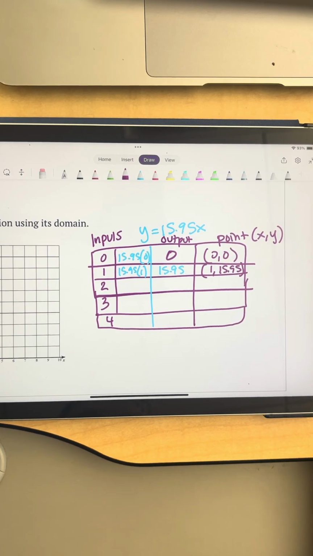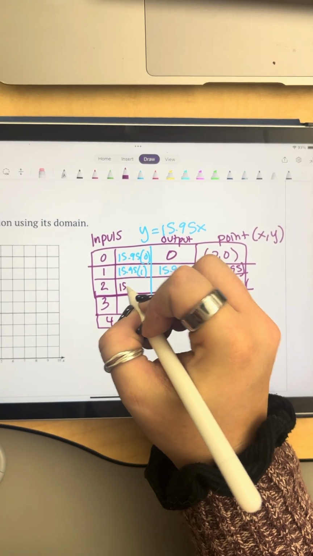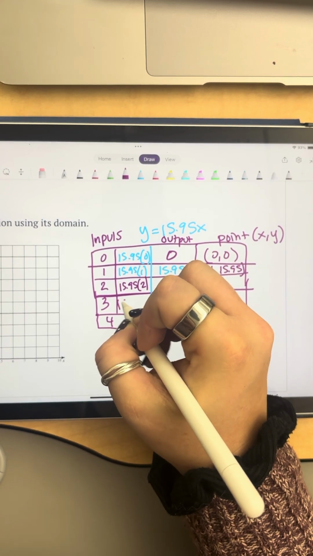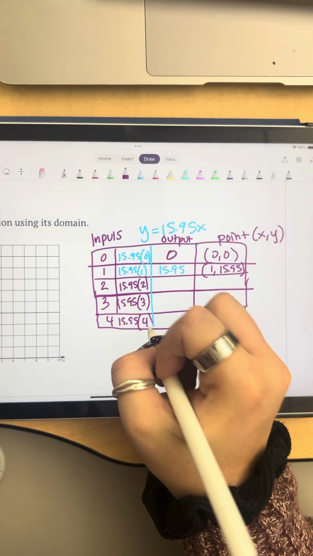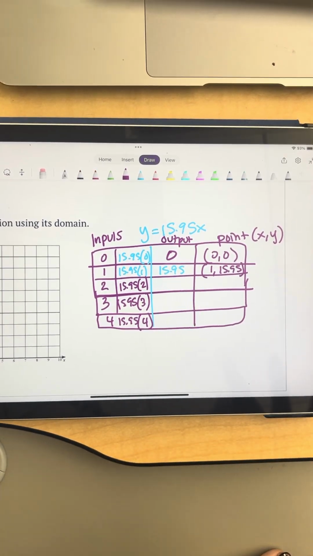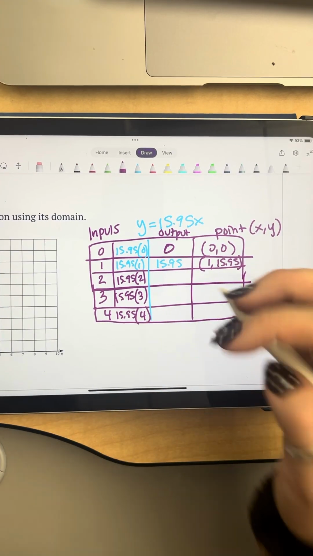If I keep going with this, I can do this all the way up to the 4 tickets. So plugging in 2, 3, and then 4. Unless told, you don't always have to do a table every single time, but keep in mind there will be times you have to make your own table, so know how to set this up.